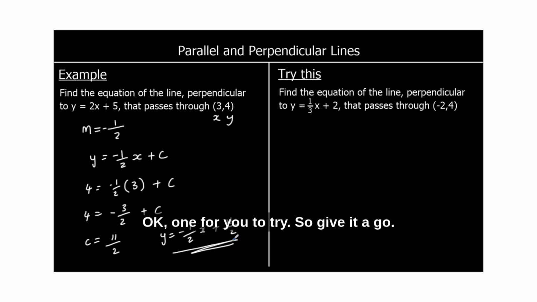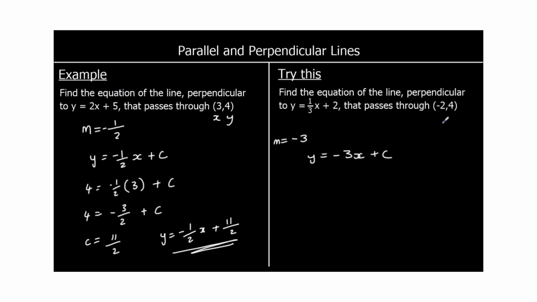Okay, one for you to try, so give it a go. So we want the perpendicular gradient. The gradient is 1/3, so the negative reciprocal of 1/3 is -3. Flip it and change the sign, minus 3. So we've got y equals -3x plus c.